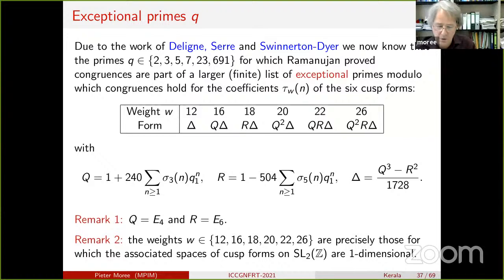And so your coefficients are integers, and are then multiplicative. So you have a very special structure here. And these are the only cases for the full modular group where actually the space of cusp forms is one-dimensional. So these are all those forms.